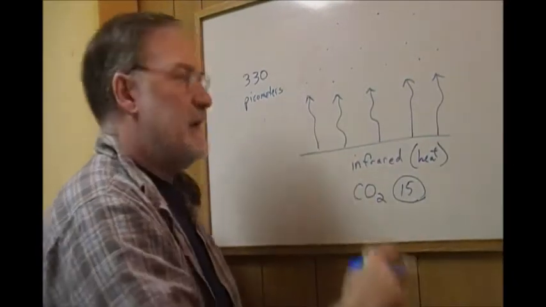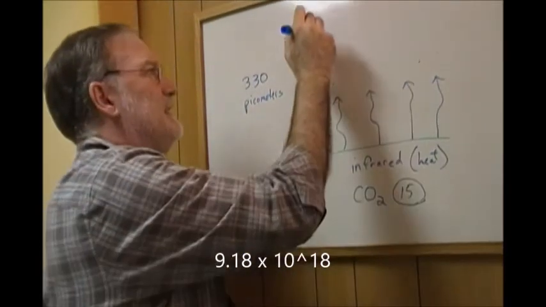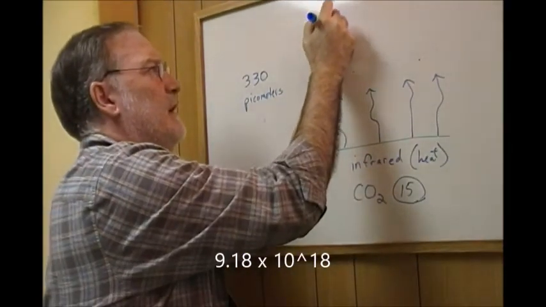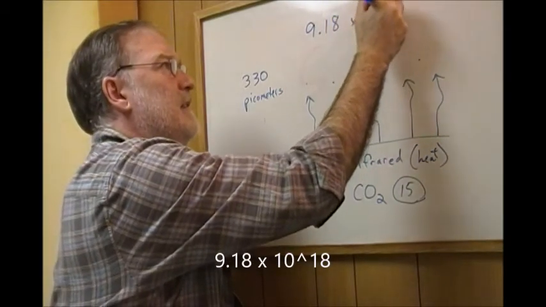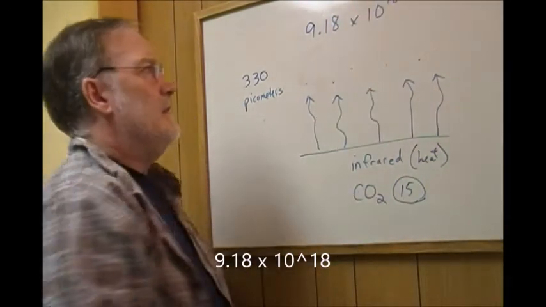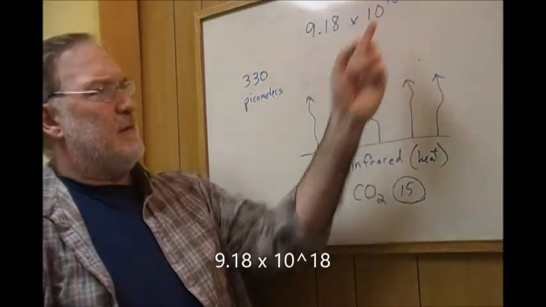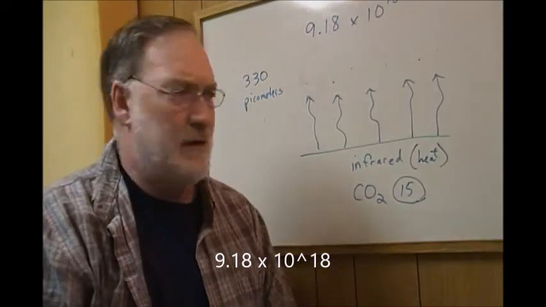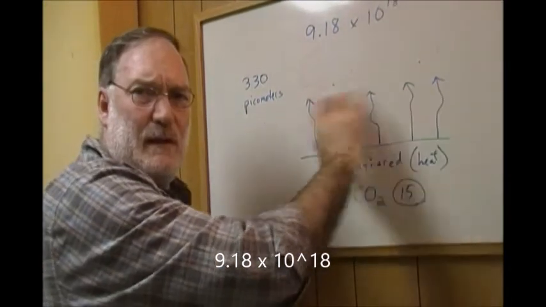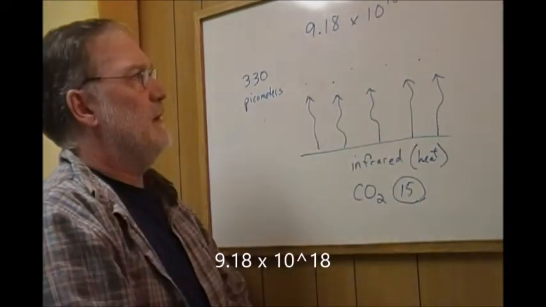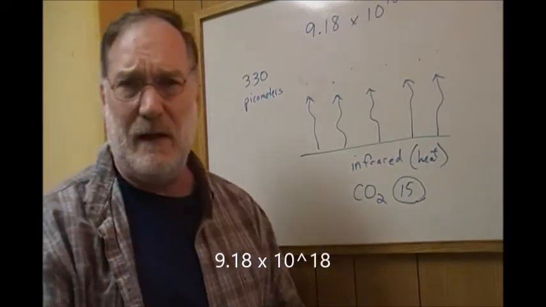Well, turns out that it takes 9.18 times 10 to the 18th. If you have 9.18 times 10 to the 18th molecules of carbon dioxide above the ground, that will completely overshadow 1 square meter. Well, how far up do you have to go to get that?